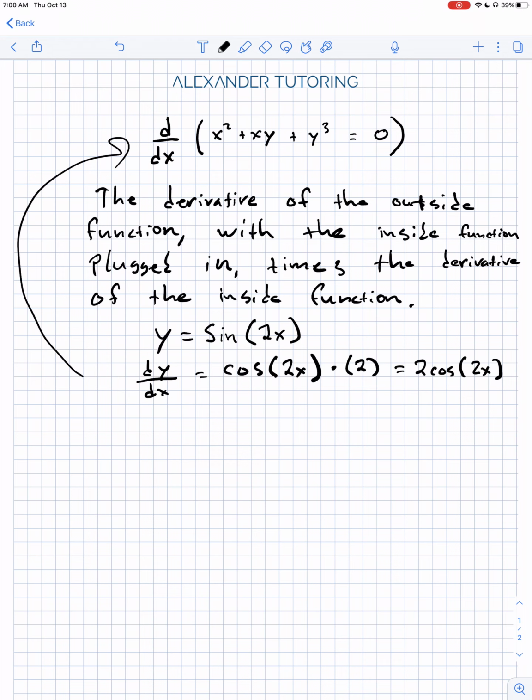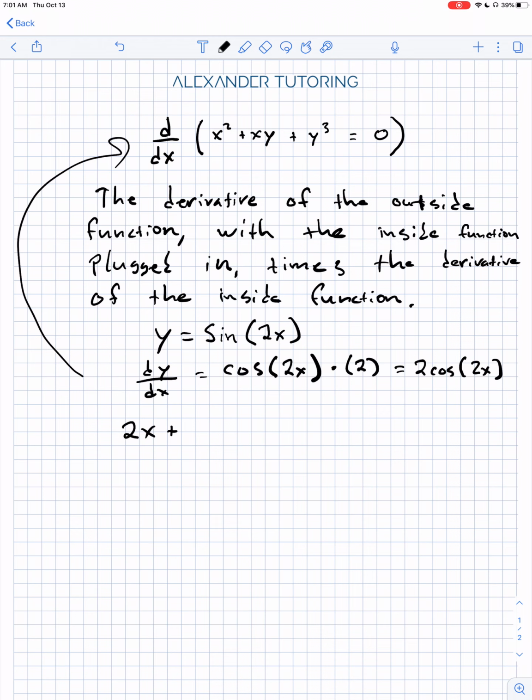We're going to take the derivative of both sides of this equation. The first thing is the derivative with respect to x of x squared. That's easy. Hopefully you know the power rule by now. That's simply 2x. Now here comes the first weird one: x times y. That's one function times another, so we're going to use the product rule. I'm assuming you know the product rule.